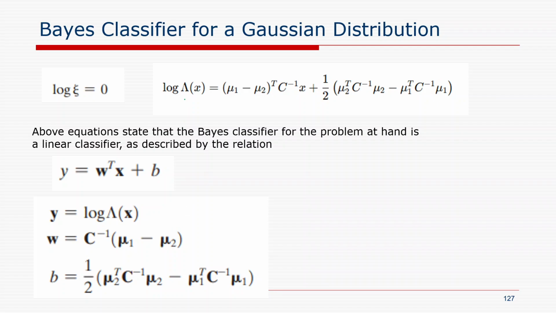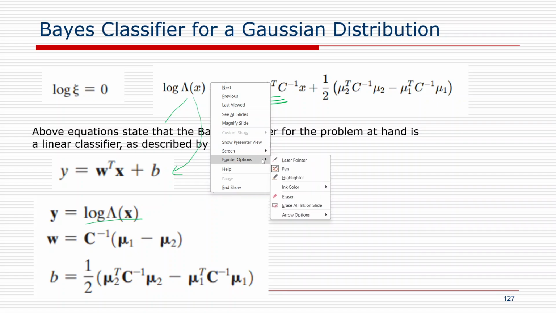Now, the log lambda of x, we got this expression. We can equate it to the perceptron equation what we had, y equal to w transpose x plus b. Here y is going to take log lambda of x, and w, the weight vector transpose, is equivalent to C inverse mu1 minus mu2, which we have in this expression here, that is log lambda of x.